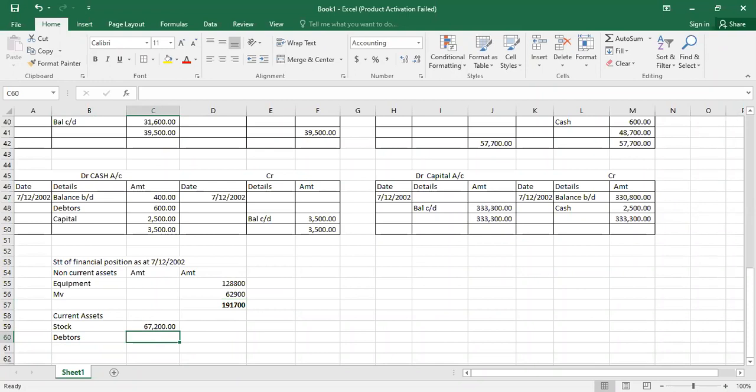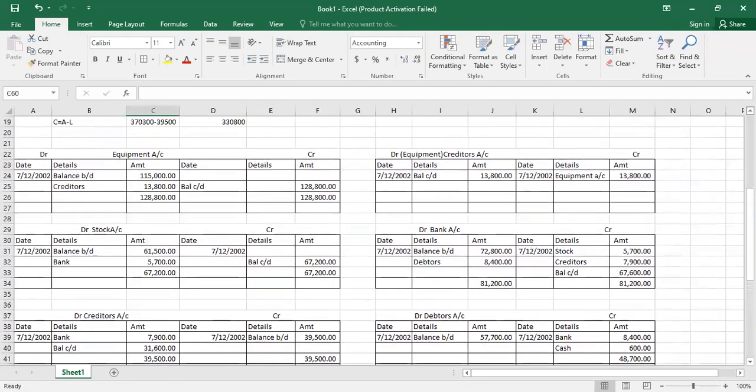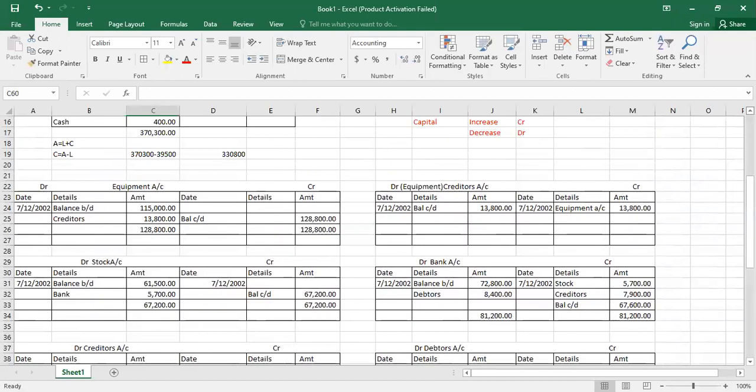Let me explain. The reason why you are journalizing is to know all the transactions that are affecting our equipment. So once we journalize and we close that book, what we take to the balance sheet is the balance carried downward.